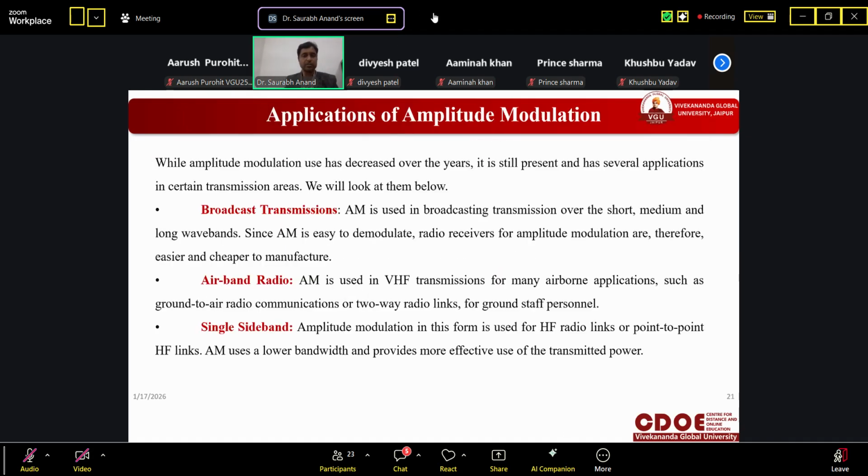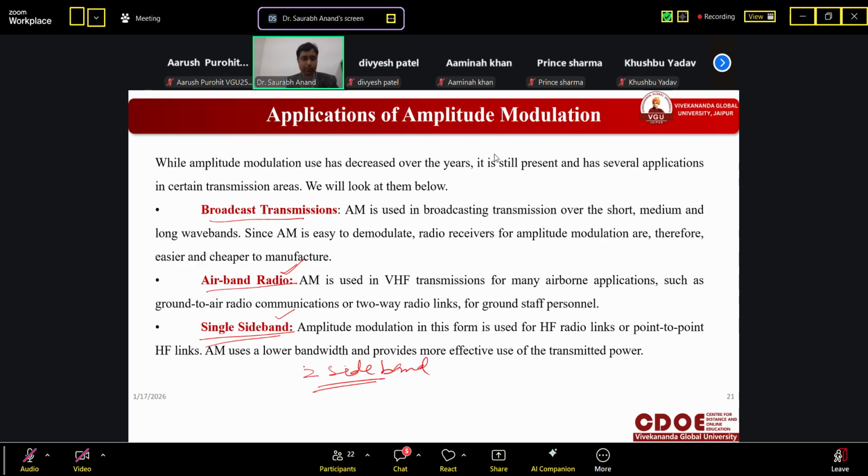So where do we use it? We can use it for broadcast transmission in AM, in television, air band radio, and single sideband, because there are two sidebands in AM.